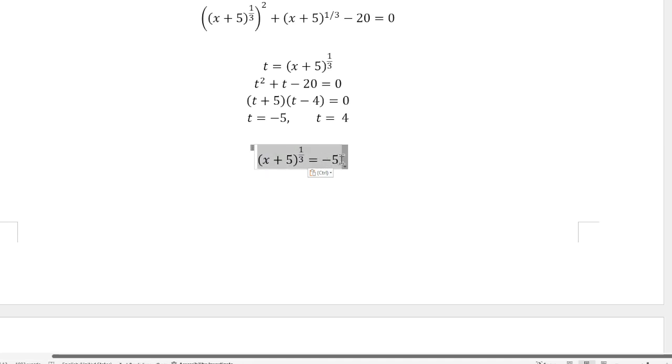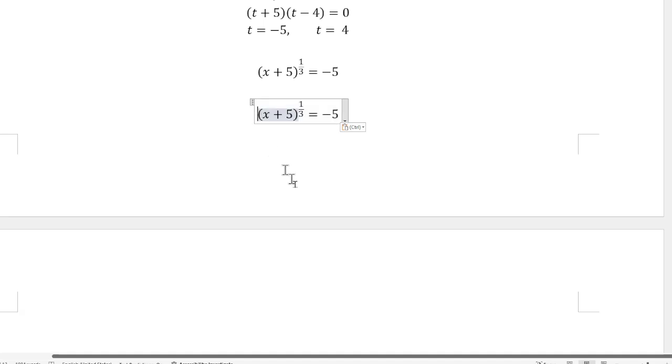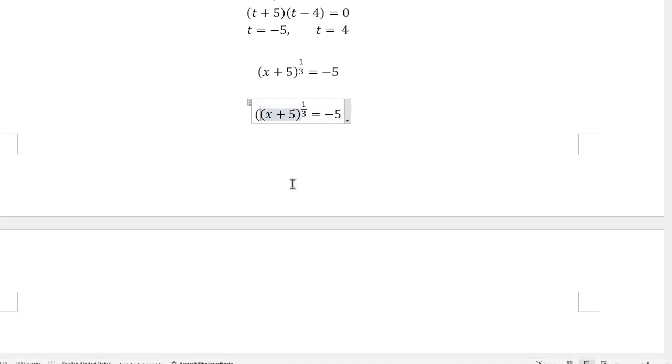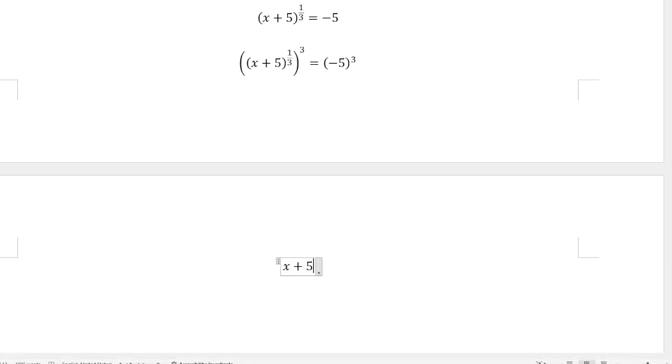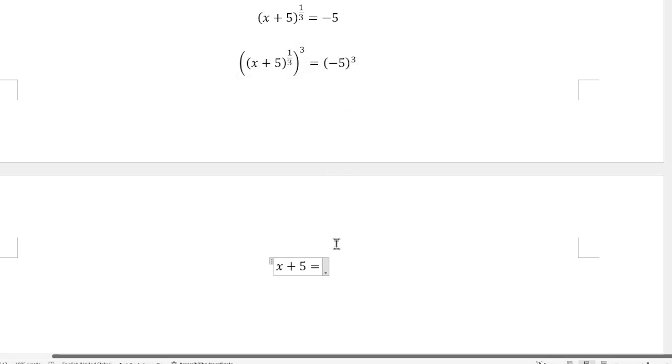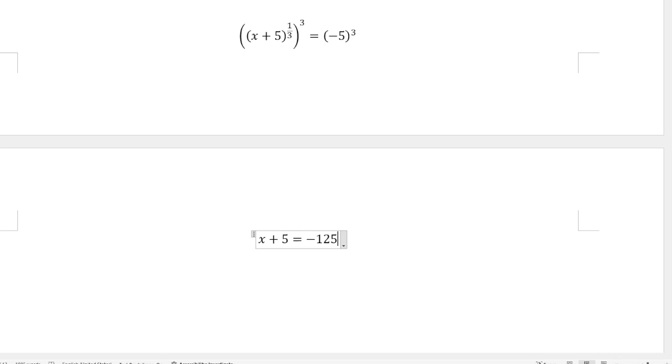So you take the power of 3 on both sides, and because 1/3 and 3 are reciprocals, they cancel away, which will leave you with x plus 5 on the left side, and -5 to the 3rd power is -125. So that gives you x equals -130, after subtracting by 5.